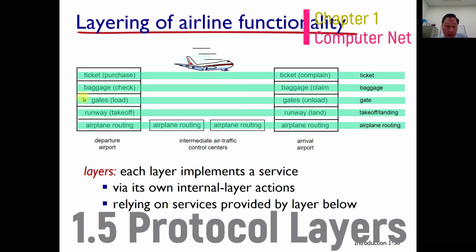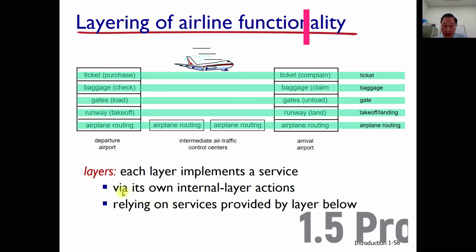Each one can be a layer, and each is implementing a service by its own internal layer action, and also relying upon services provided by the layer below. And also this one is providing service to the upper layer.